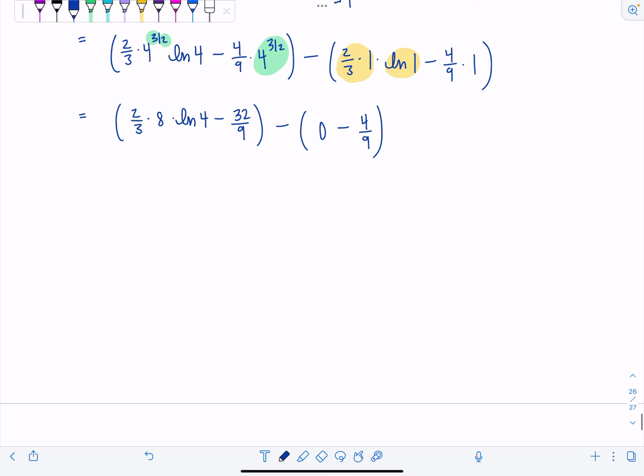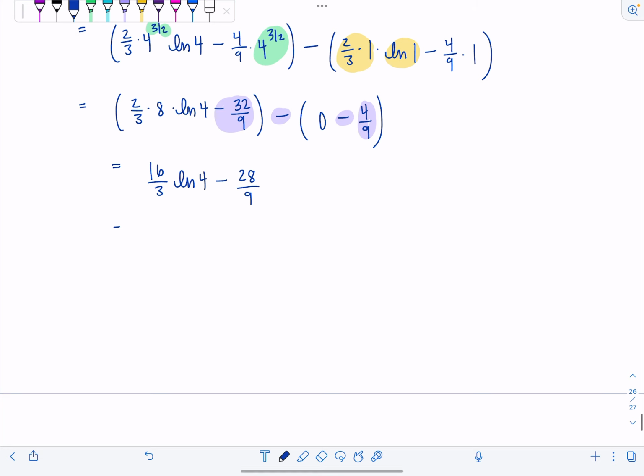Okay. And then notice here I have negative 32 over 9 plus 4 over 9. So then I have 16 over 3 natural log of 4 minus 28 over 9. You could leave it like that, or we know natural log of 4 I could rewrite as natural log of 2 squared.